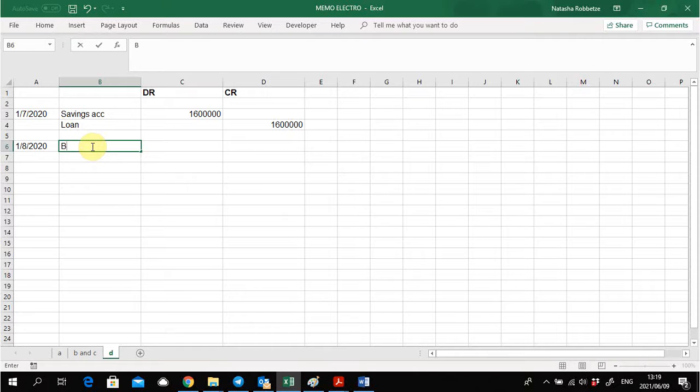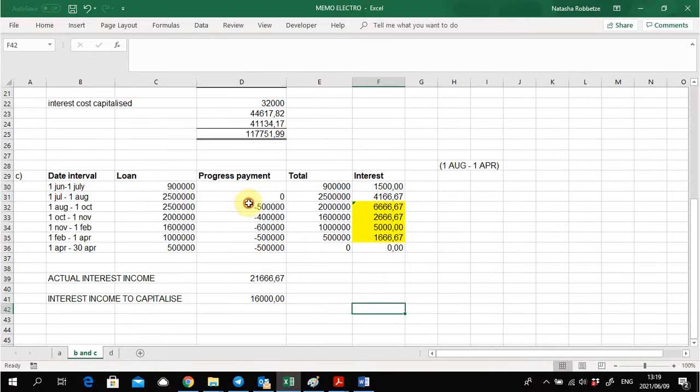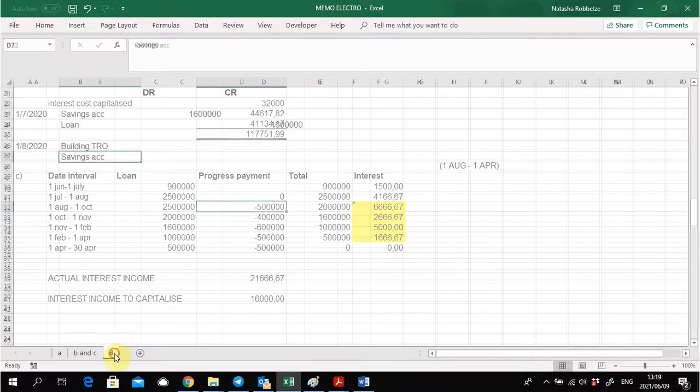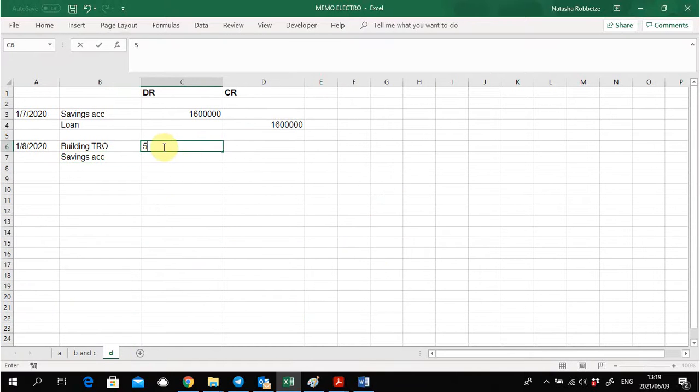So I'm going to increase the historical cost of building Tro, and this amount needs to come from my savings account. Here we've even indicated that it came from the savings account. I'm just going to make my double entry. So we debit the historical cost, and the money comes out of the savings account, which we will then credit.